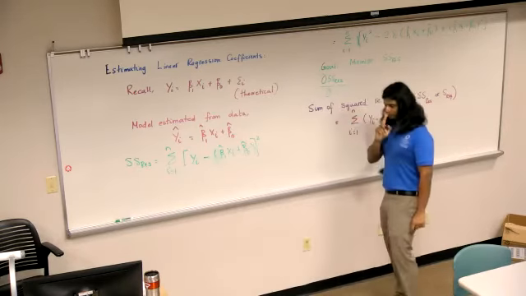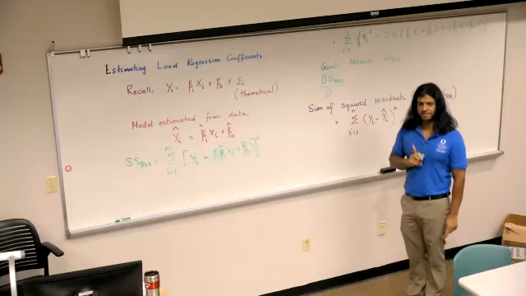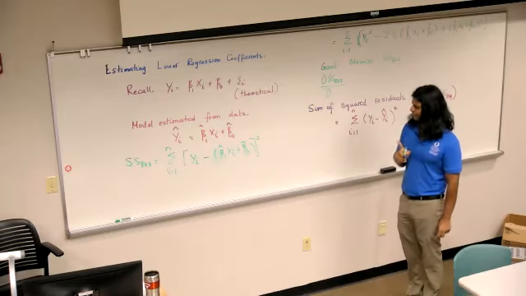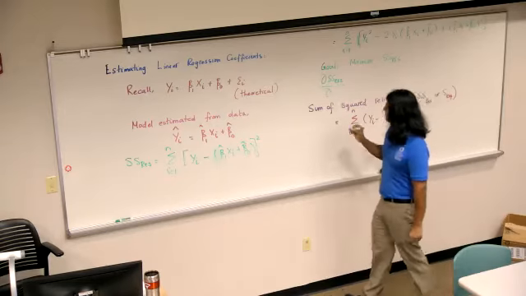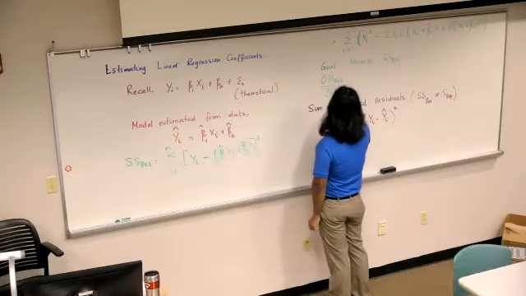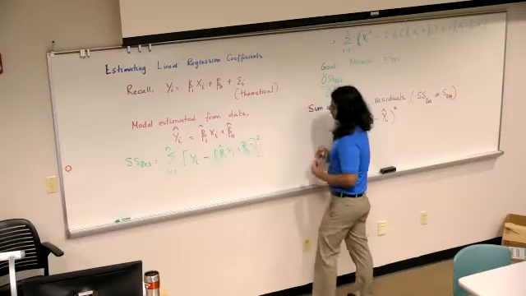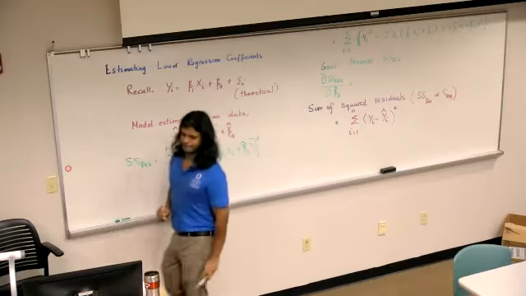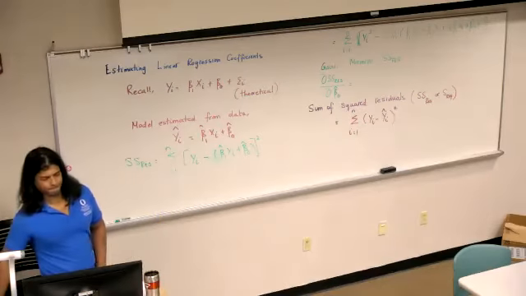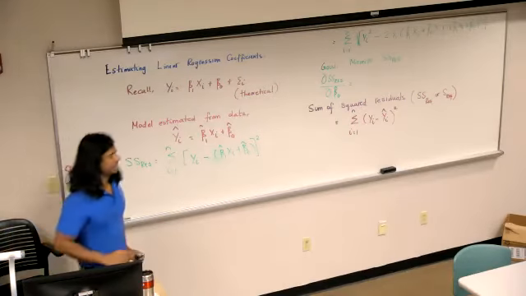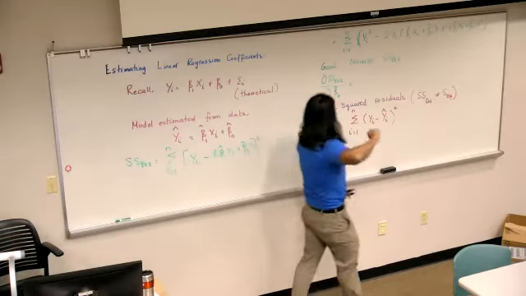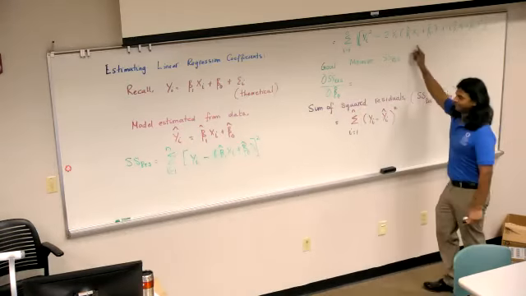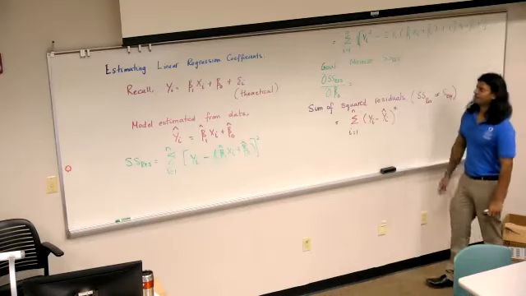My first goal would be to take the derivative with respect to beta naught hat. There is a reason why I wrote that in this form.